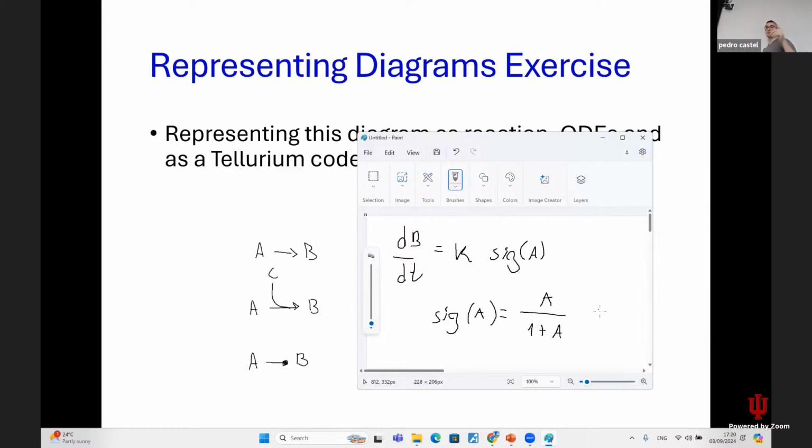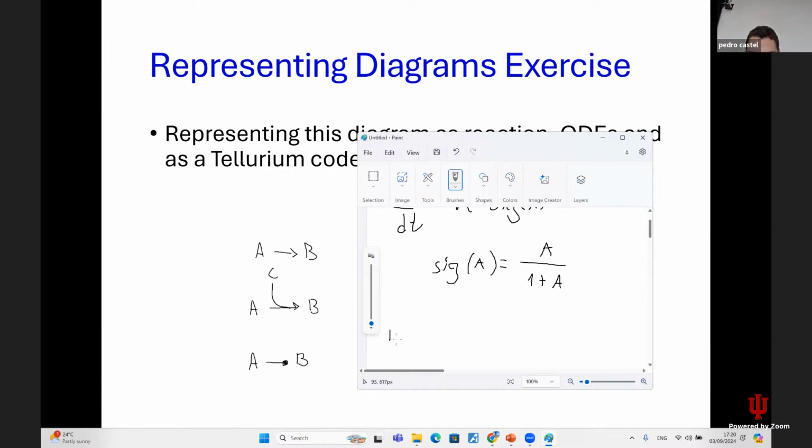Something that goes from 1 to 0. 1 minus this. Perfect. So Jen suggests that our inhibitory function of A is basically 1 minus our sigmoidal function of A. And if you do the algebra, you get 1 over 1 plus A.